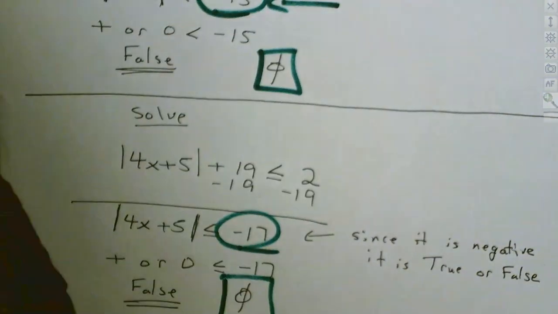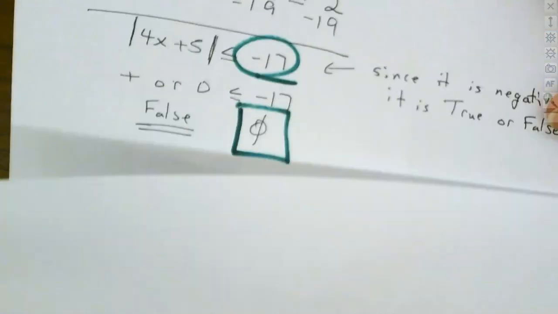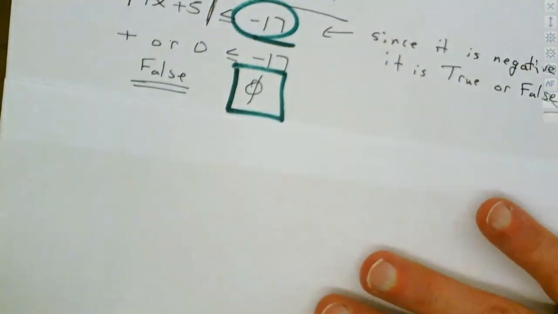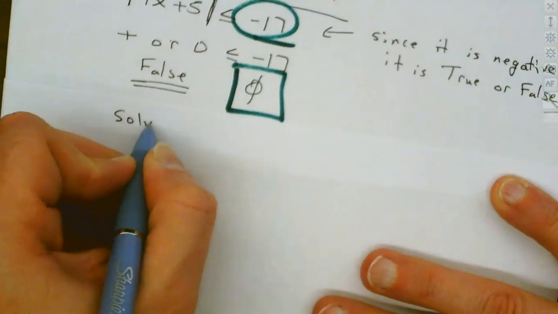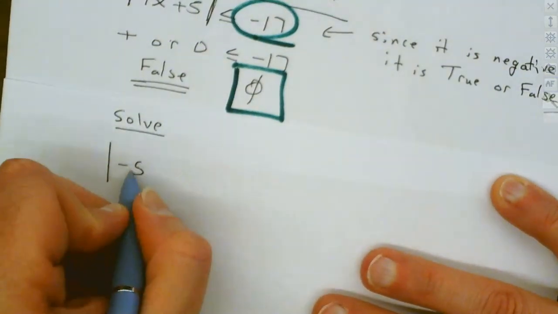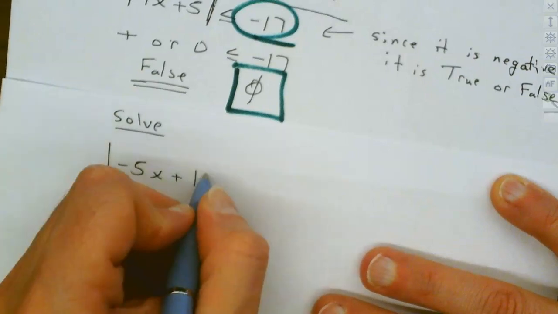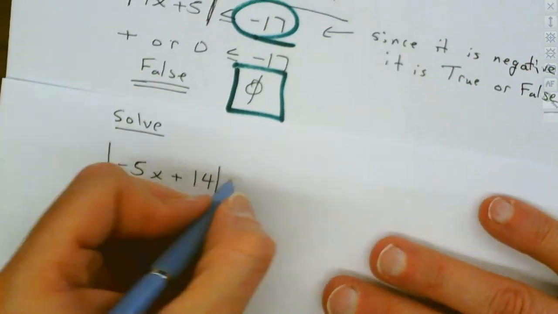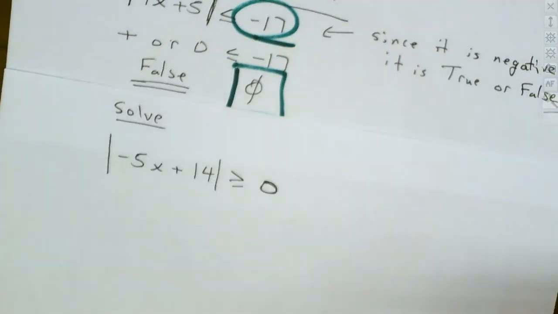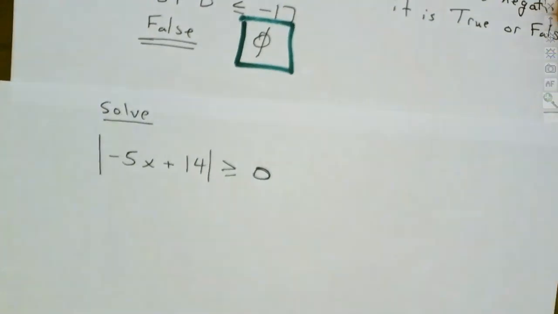What about 0? Let's do one with 0. What do we know about this one?